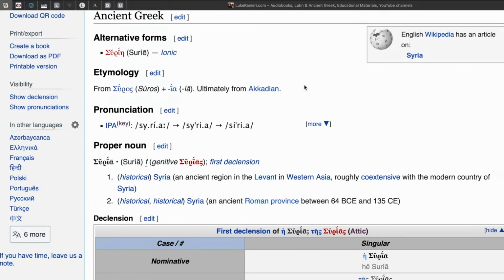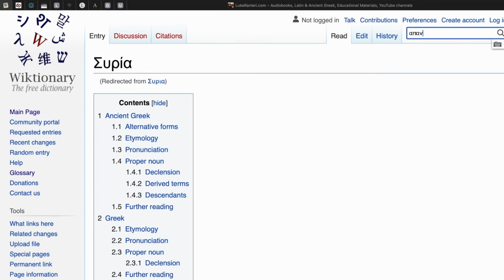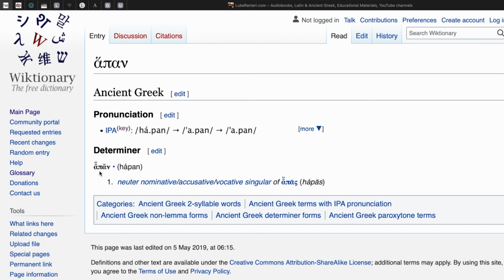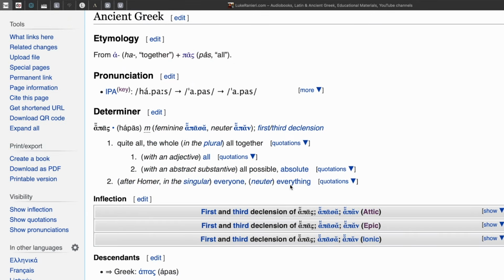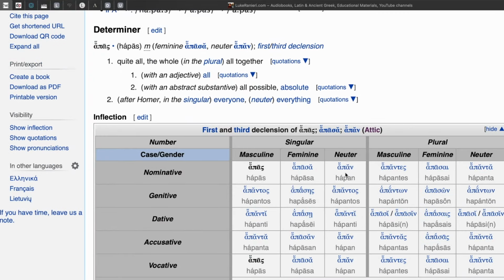Uh-oh. Let me go to Wiktionary and see if Wiktionary can help me. And I type it in there as written, and then it gives me hapan. So the neuter, nominative, accusative, or the vocative, singular hapas. Here it's written as short. Okay, but let me go to the entry and see what it says. Here it's saying, okay, so hapas, feminine hapasa, and neuter hapan is short. Well, that's very interesting. Okay, hapan, neuter is short.